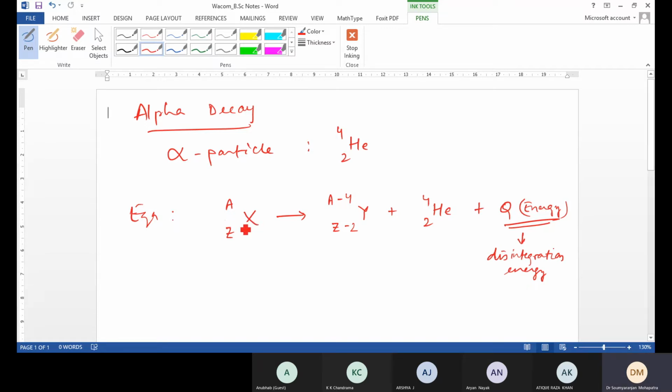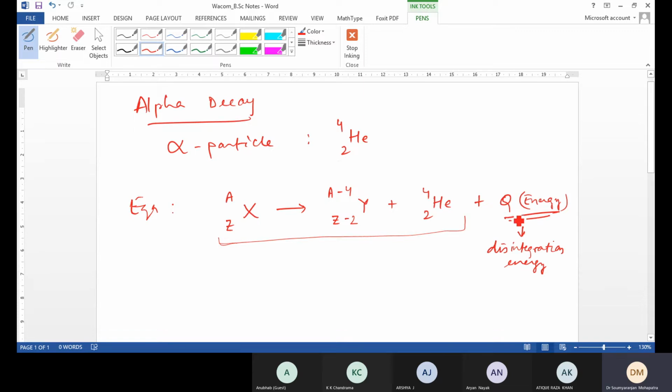If you just see this part of the equation, you can say it is well balanced, but this is not the case. Some extra amount of energy is always released. That is called disintegration energy, and we need to evaluate this Q value.